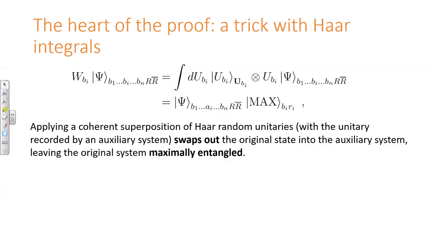And in fact, what it also does is that the state psi that was previously on little b_i ends up getting moved to some subsystem of the auxiliary system. So effectively, this is an isometry that swaps out little b_i for half of a maximally entangled state and puts the stuff that was in little b_i in an auxiliary system.